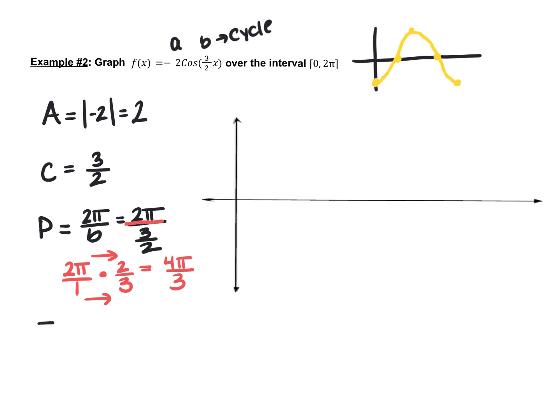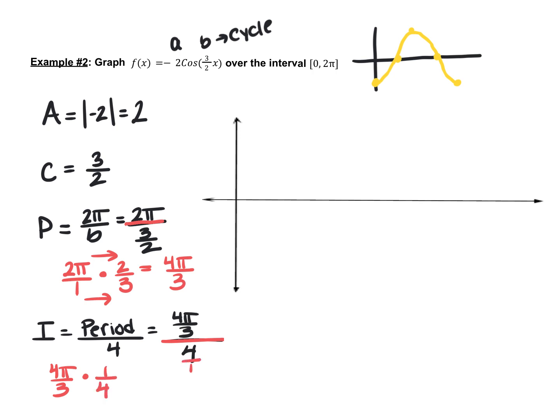And then our interval is found by taking our period and dividing it by 4. So my period is 4 pi over 3 divided by 4. So same thing, we're going to keep our 4 pi over 3, change our division to a multiplication, and flip the 4, make it 4 over 1 so it's easier to flip, and then multiply straight across. 4 times 1 is 4. 3 times 4 is 12, which can reduce to pi over 3.